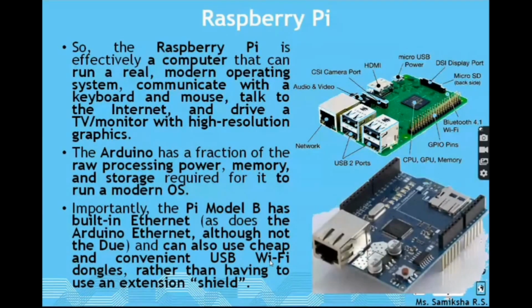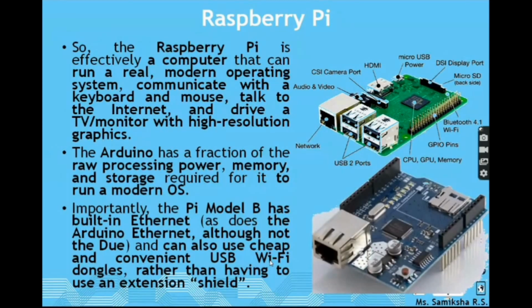Next we can talk about the RPi Model B and the Arduino Ethernet. The RPi Model B has a built-in Ethernet, and a built-in Ethernet is also available in the Arduino Ethernet. But the Arduino Uno, which we had seen, doesn't have a built-in Ethernet. So what can you do there? You have the USB port, so you can connect Wi-Fi dongles.